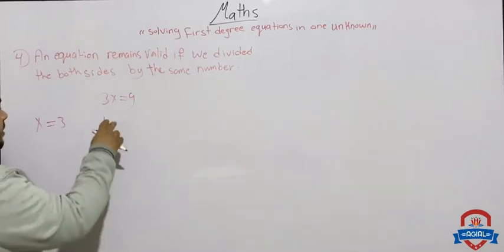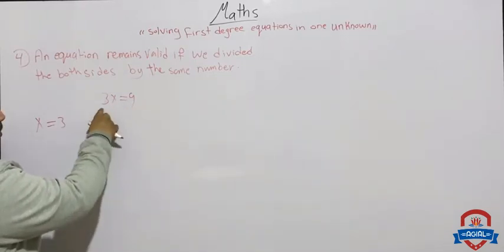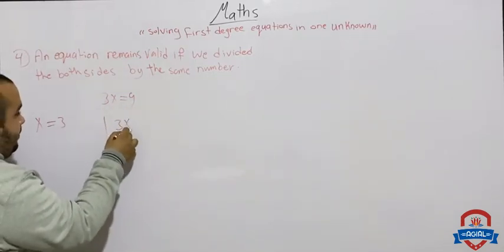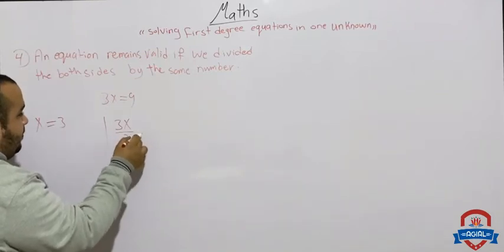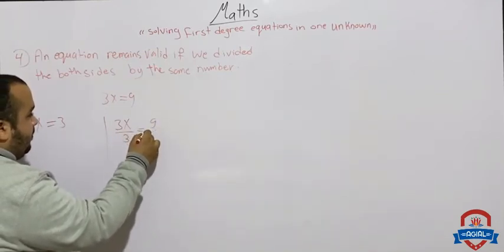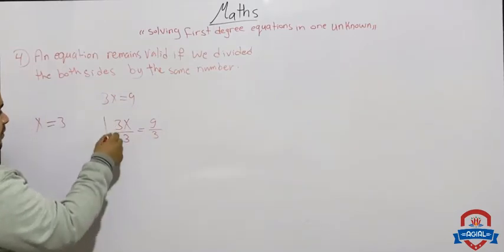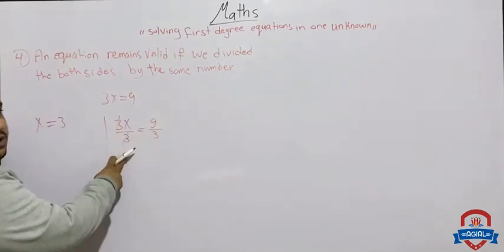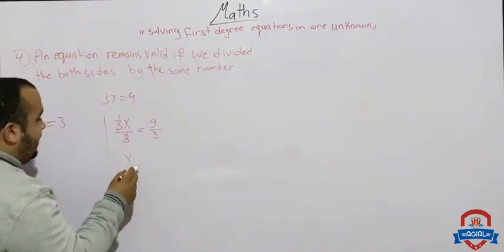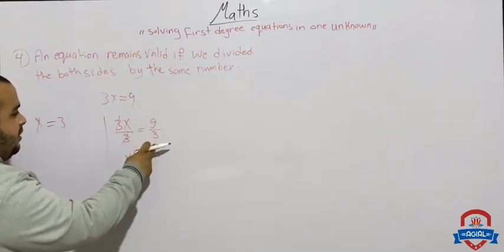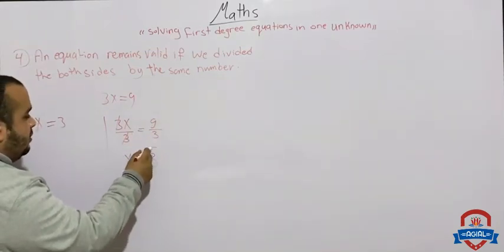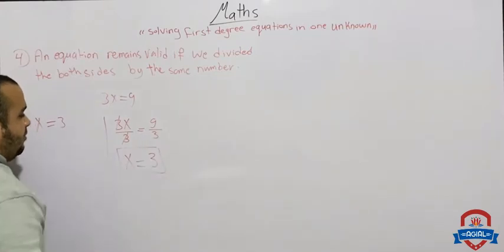By another way, if we divide the two sides by 3, 3 over 3 equals 1. So the left-hand side equals x and 9 divided by 3 equals 3. So the value of x equals 3.